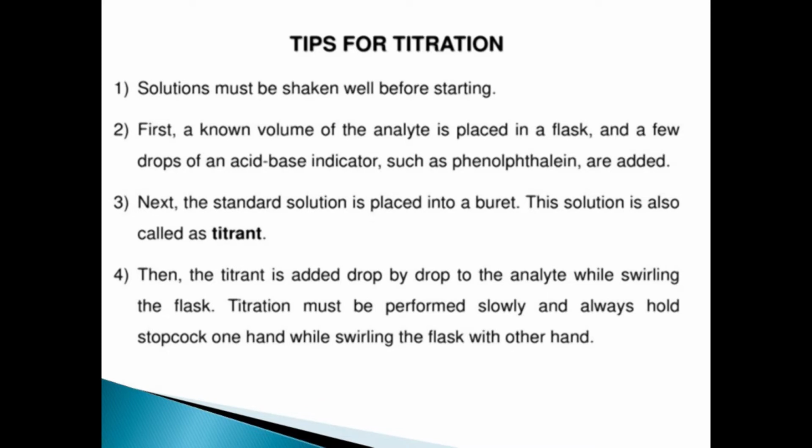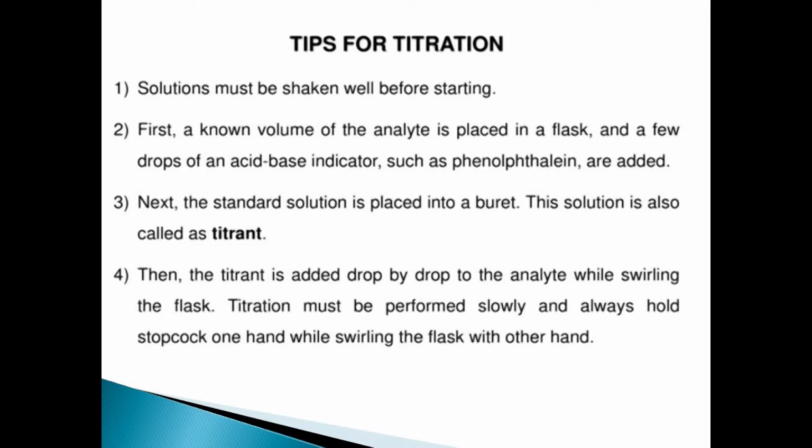Coming to the next slide, here I have given some tips for titration. The first tip is that the solutions must be shaken well before starting the experiment. A known volume of the analyte is placed in a flask and a few drops of an acid-base indicator such as phenolphthalein or methyl orange are added. Next, the standard solution, also called the titrant, is placed into a burette.